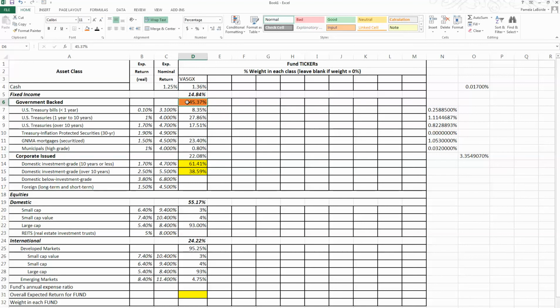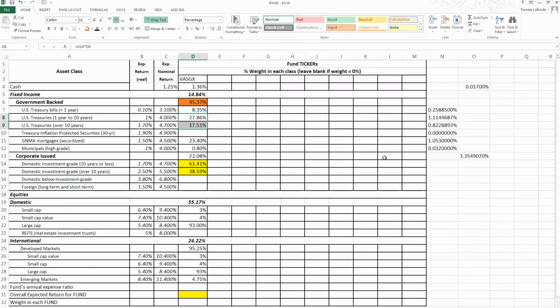I originally got this percentage from Morningstar because they had a section called government backed, but it didn't include securitized mortgages, nor did it include cash and equivalents. It just included these two. So technically my government backed should really be 100% minus 22%, although I don't want to change this number because it's included in these two calculations.